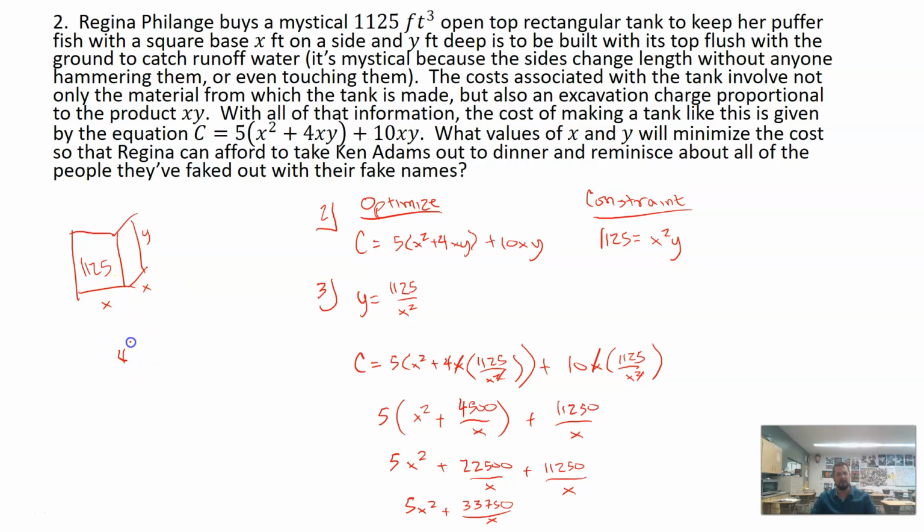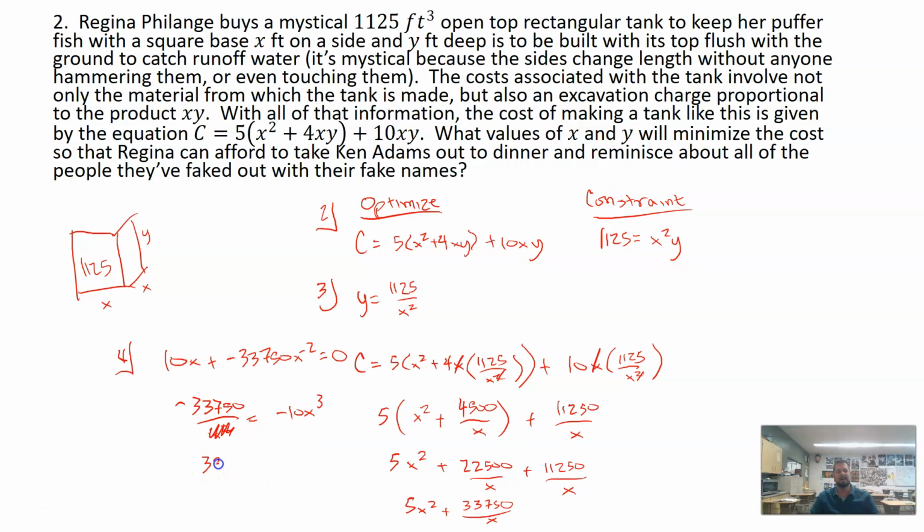Okay, so I get 10x plus, I'm going to move the x up to the top and make it -1, so I get negative 33,750 times x to the -2, and I'm going to set that equal to 0. Just like we've done so many times before, negative 33,750 over x squared is equal to negative 10x. Then I multiply the x squared over, and just to save myself some space, I'm going to make that x to the 3rd.